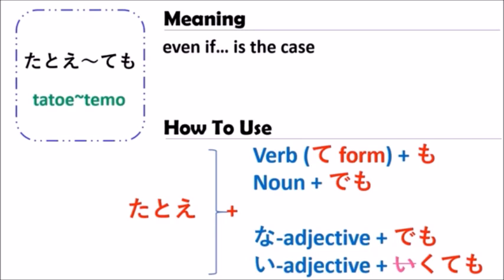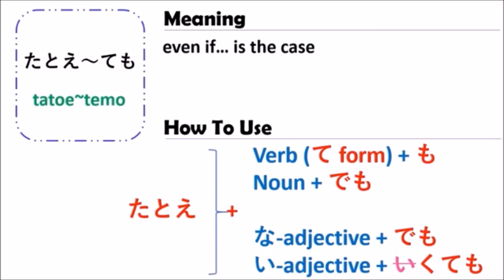So this is how to use the grammar of tatoe nani temo. It has the same meaning, that even if something is the case. But it depends on the verb, the noun and the adjective.